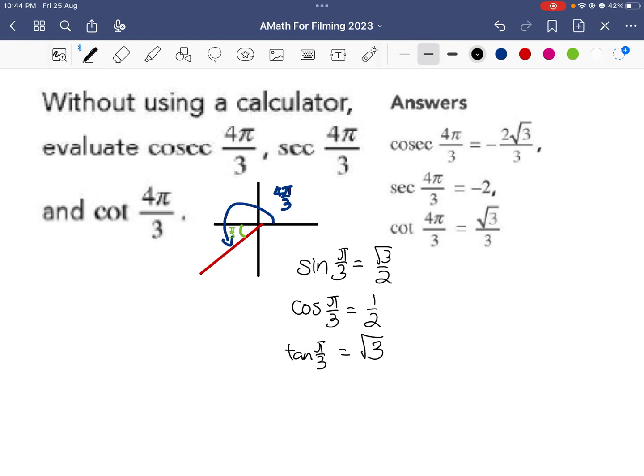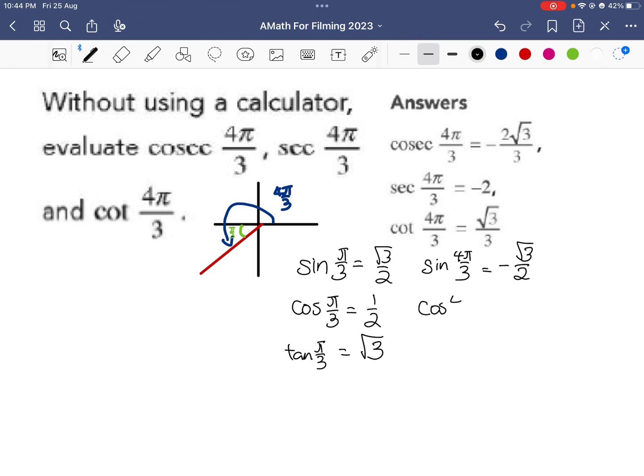What we need to work out is, if sine of pi over 3 is root 3 over 2, so sine of 4 pi over 3, where is 4 pi over 3? I am lying in the third quadrant itself, so it's A, S, T, C, only tangent is positive, hence sine of 4 pi over 3 is negative root 3 over 2.